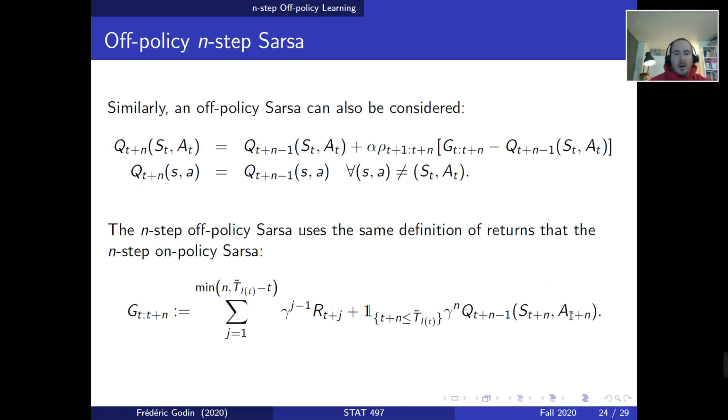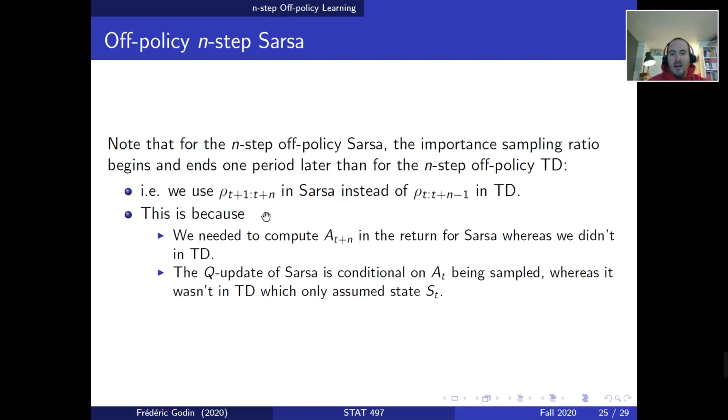Yeah. So here, because for the n-step SARSA method there is some A_{t+n}, we have to consider the relative weight of its probability under the target or behavior policy. So this is why for n-step SARSA, we do have to include action A_{t+n} in the importance sampling ratio, because this action is part of the target.